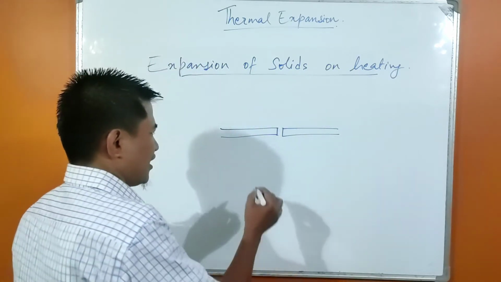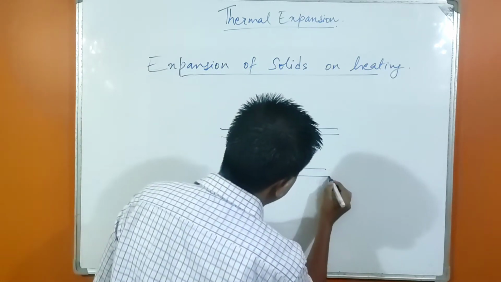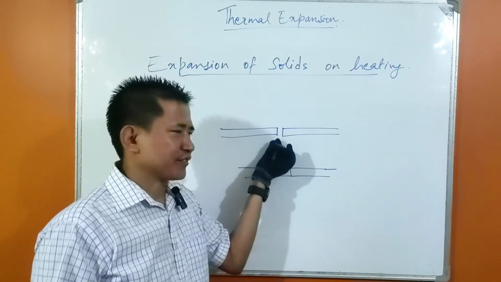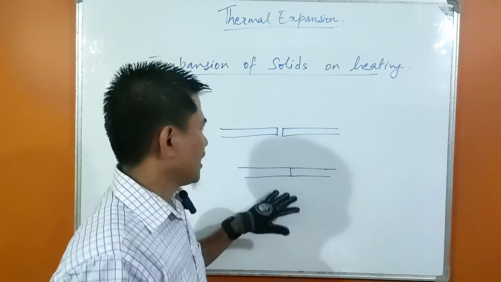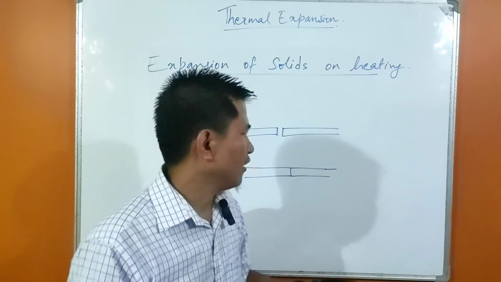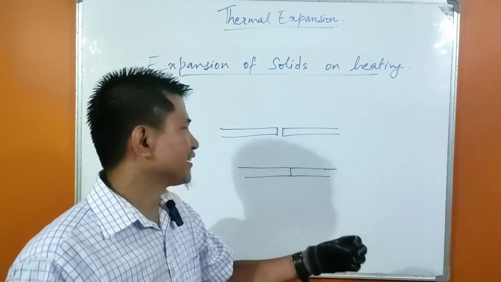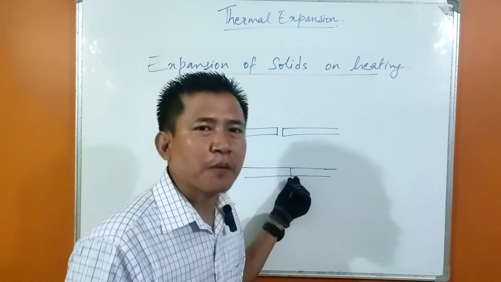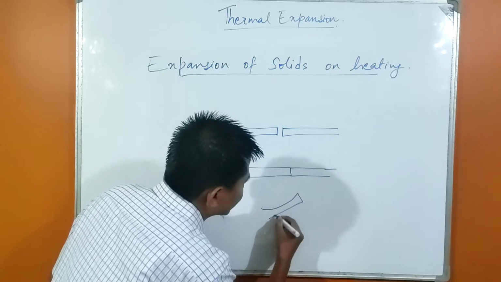Now, suppose no gap is left in between the two rail lines, if the rail line is made in this way, keeping no gap like this, okay? If the rail lines are made in this way, what would happen? When the train runs over this rail line, the friction of the wheel and the rail line causes heat to generate, and that heat energy causes the expansion of this rail line, but there is no space for expansion of the rail line, so this rail line would bend in this way, isn't it?